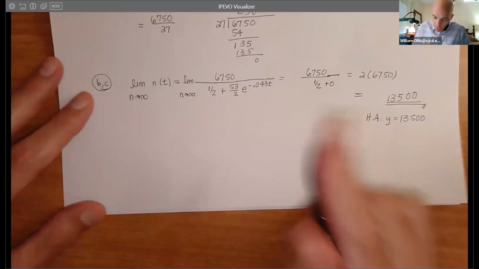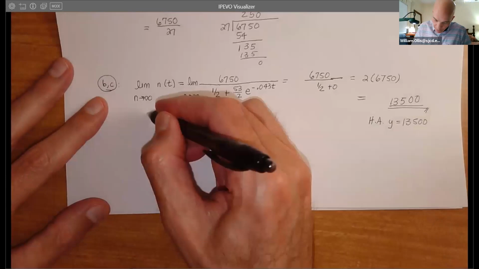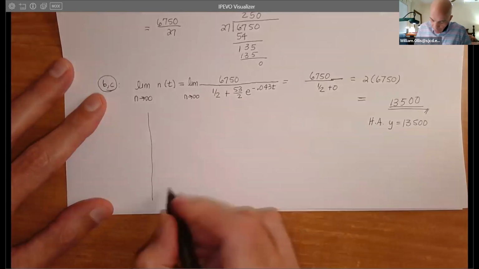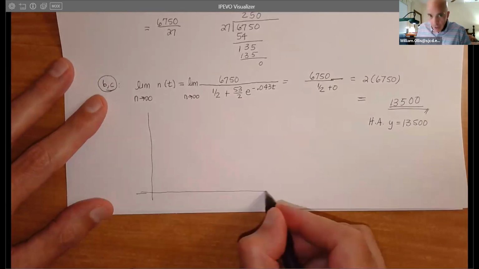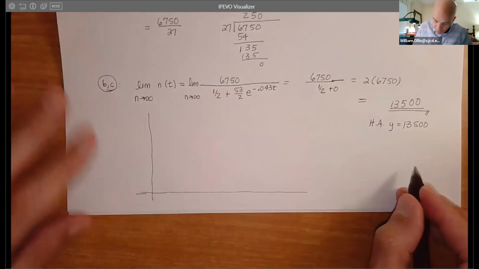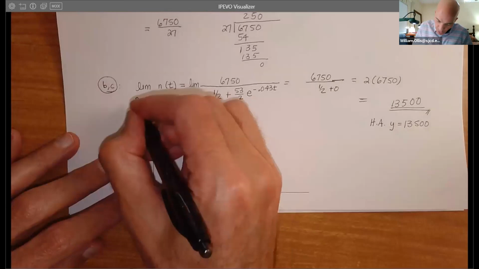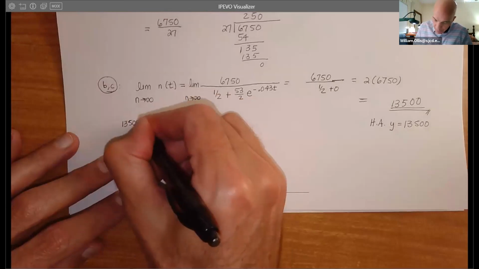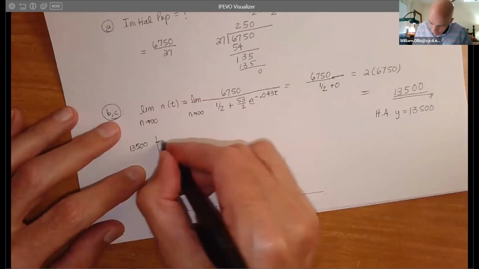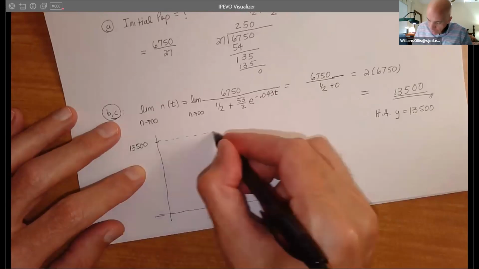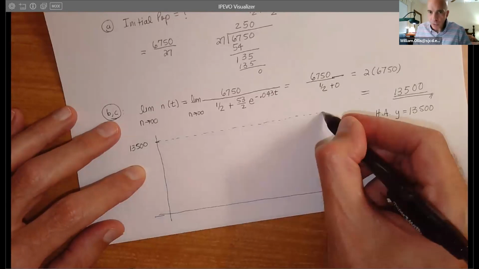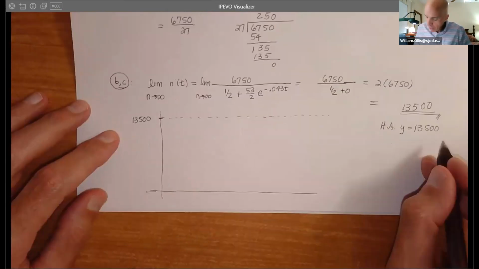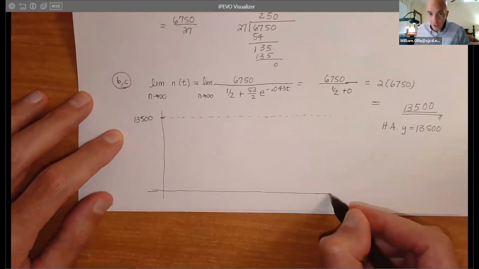So when we draw a reasonable graph, we can draw that in as a horizontal asymptote. So if you like, we can mark this as 13,500. When you take more advanced classes, a lot of the intuition you build up, especially in pre-calculus and college algebra, will come in very handy.